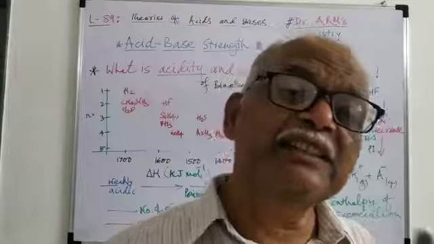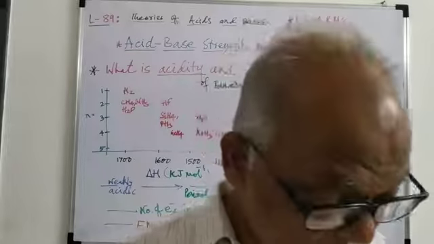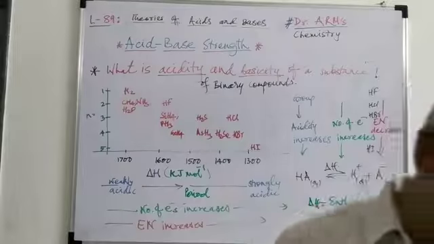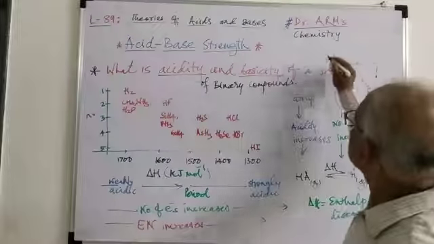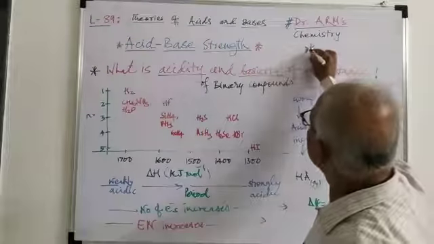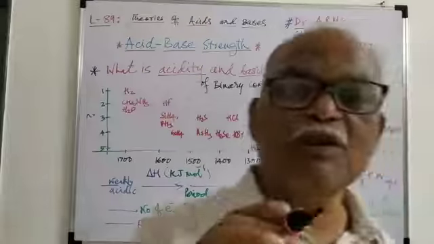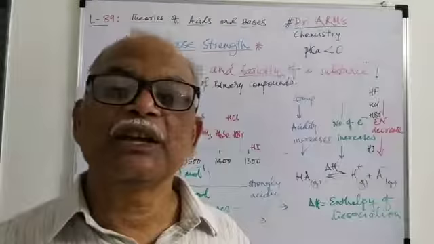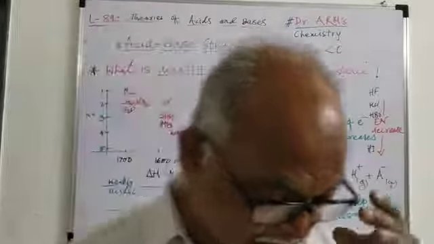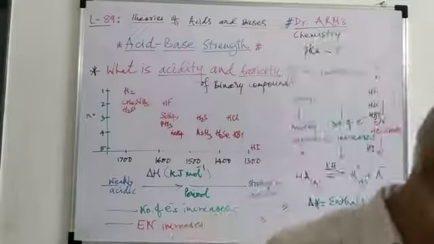We also express these terms in pKa values. When pKa is less than 0, it is a strong acid, and when pKa is greater than 0, it is a weak acid. In this way, we can differentiate between these acids and bases.